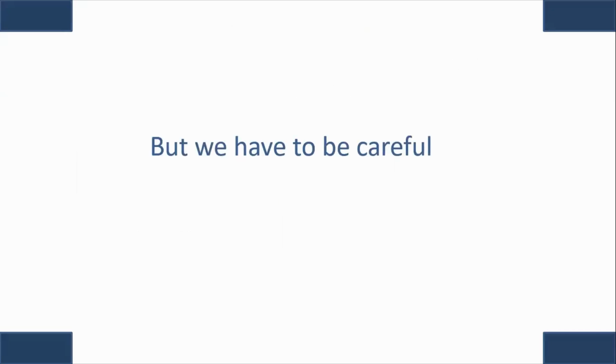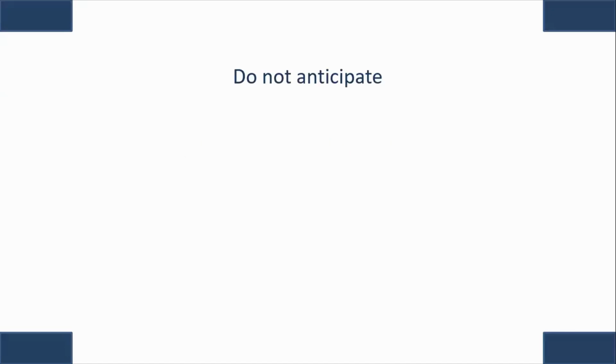But at the same time, we have to be careful when we want to apply this understanding. We don't want to act based on anticipation that this is the top or top is very near, so why wait for top and let's exit.